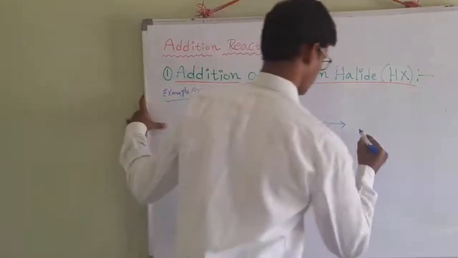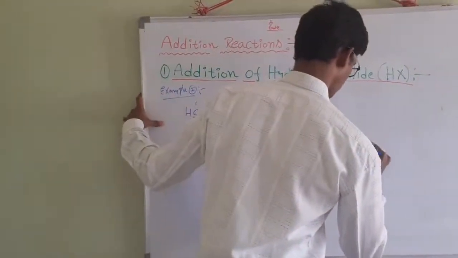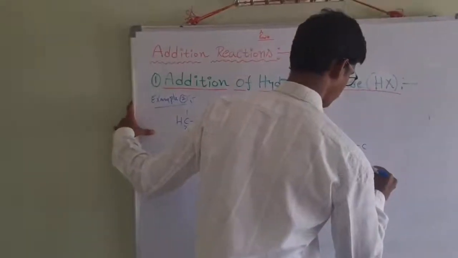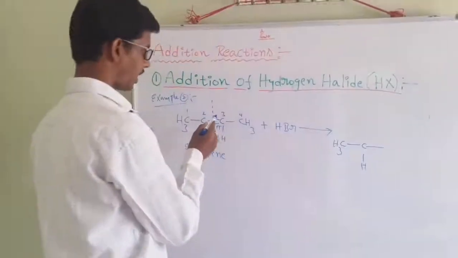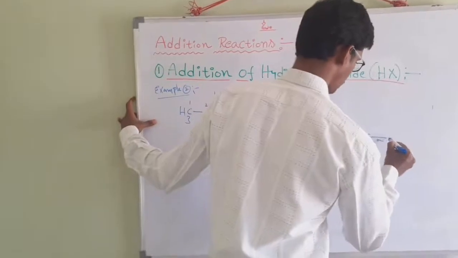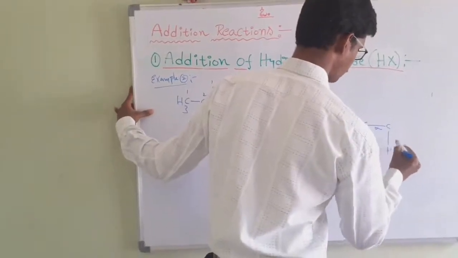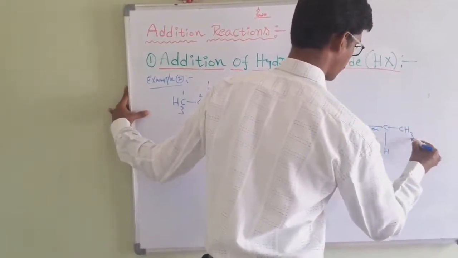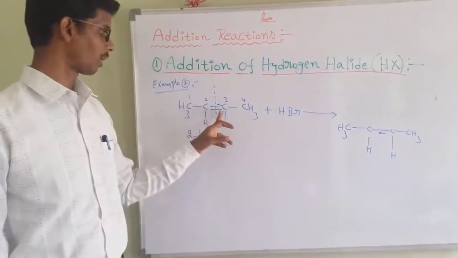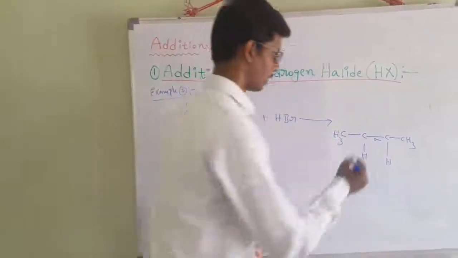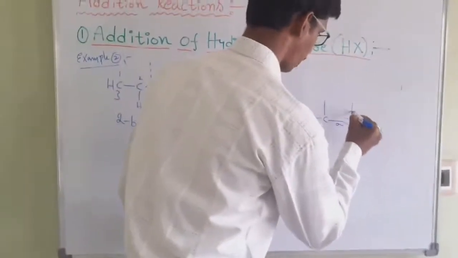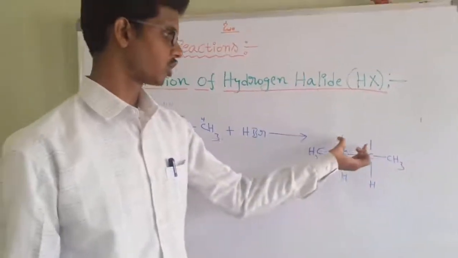Right. CH3, CH, single bond. You should write as it is, that is sigma bond. Next CH, CH3. Here the breaking of one pi bond takes place. Okay. To give rise to formation of new sigma bonds.